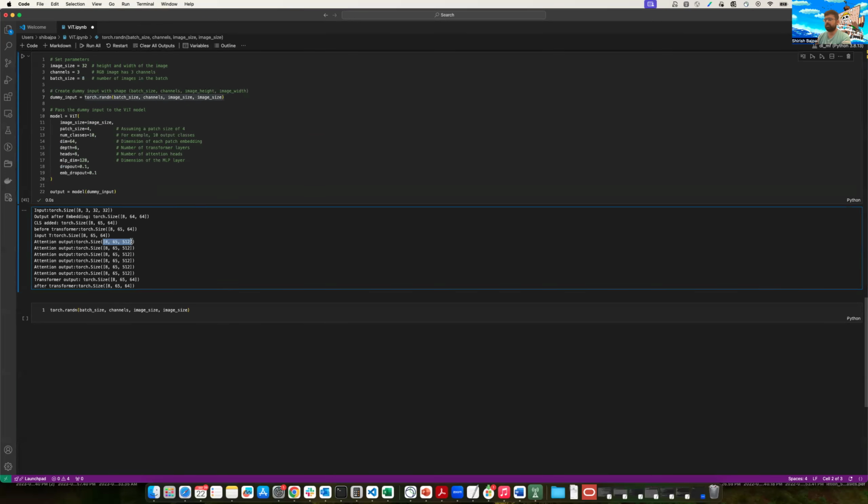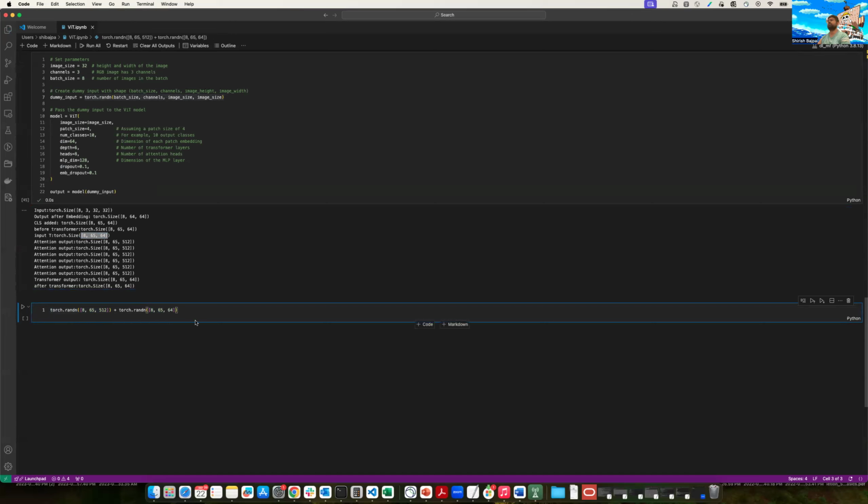So 8 cross this, plus input to the transformer is this.